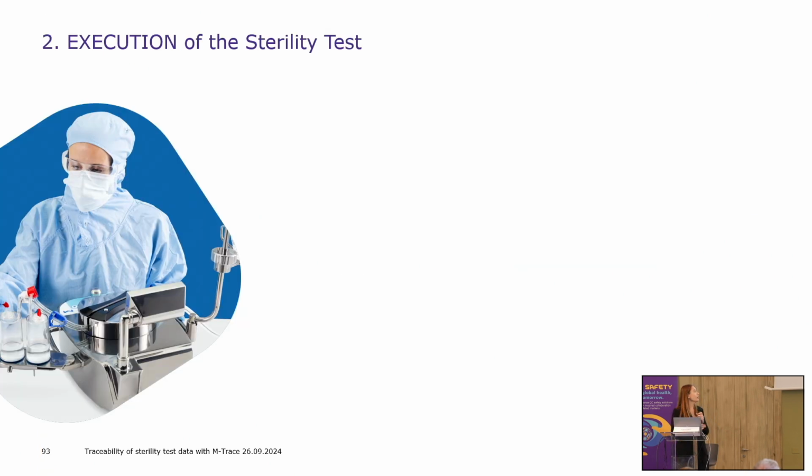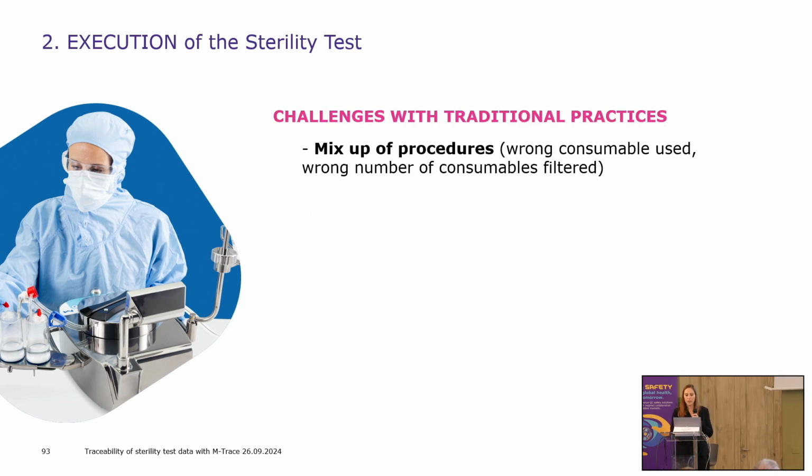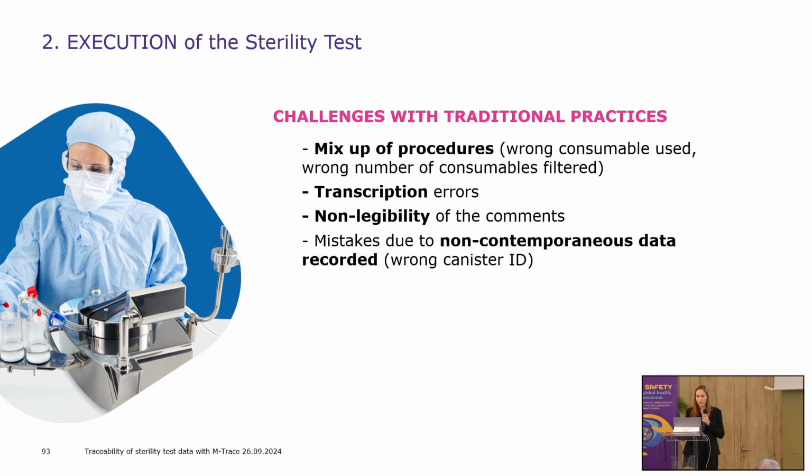What can go wrong in this step when doing it traditionally? We can have a mix-up between procedures, like wrong consumable used or wrong number of consumables for the test. We can have transcription errors or non-legibility of the comments. We can have mistakes due to non-contemporaneous data recorded, like a wrong canister identified.